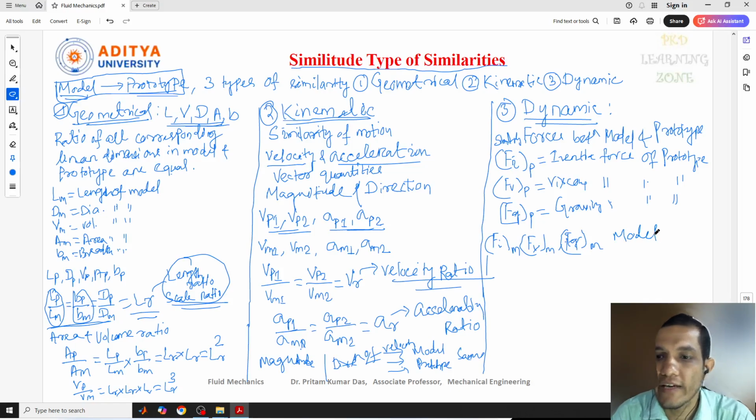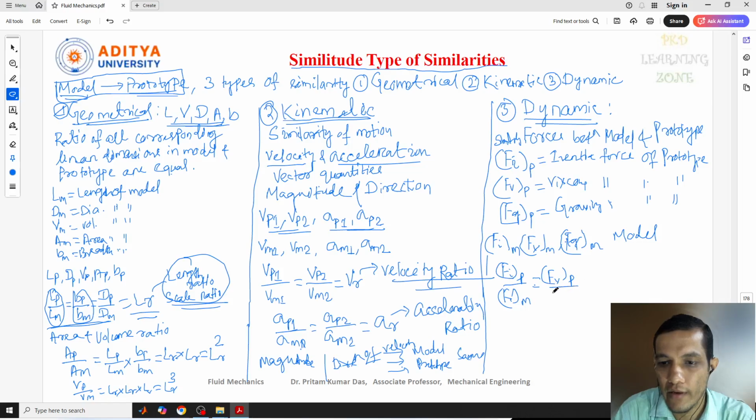Okay, now as per the definition, we can write the dynamic similarity like this: FIP, that means the inertia force of the prototype, divided by the inertia force of the model, equals the viscous force of the prototype with respect to the viscous force of the model, equals the gravity force of the prototype with respect to the gravity force of the model.